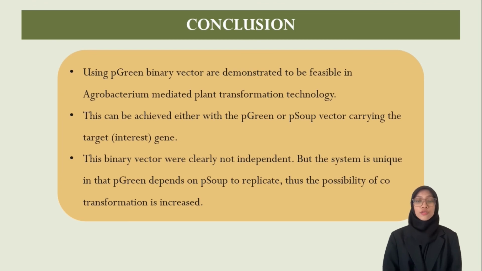This can be achieved with either the pGreen or pSoup vector carrying the target gene of interest. This binary vector system is unique in that pGreen depends on pSoup to replicate, thus the possibility of co-transformation is increased.